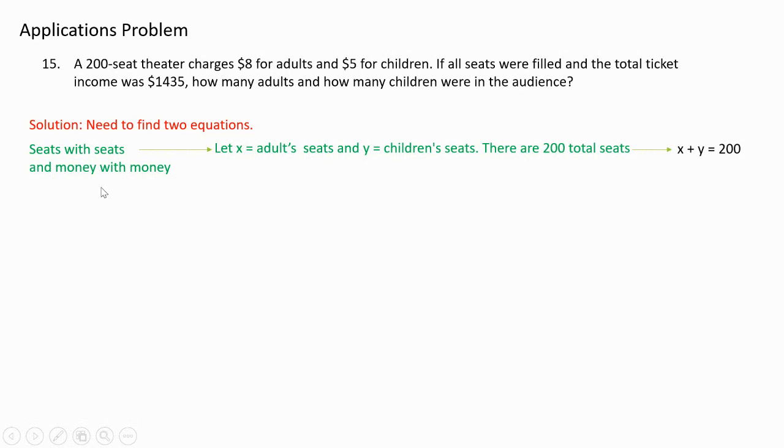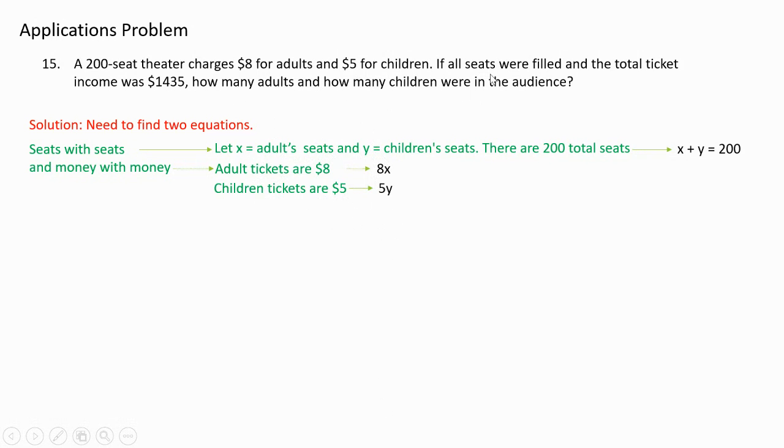Now here comes the money with money. So if adult tickets are $8 and X represents adults, this is going to be 8X. In a similar manner, children's tickets are $5 and the children's seats are represented by Y, so this is going to give us 5Y.